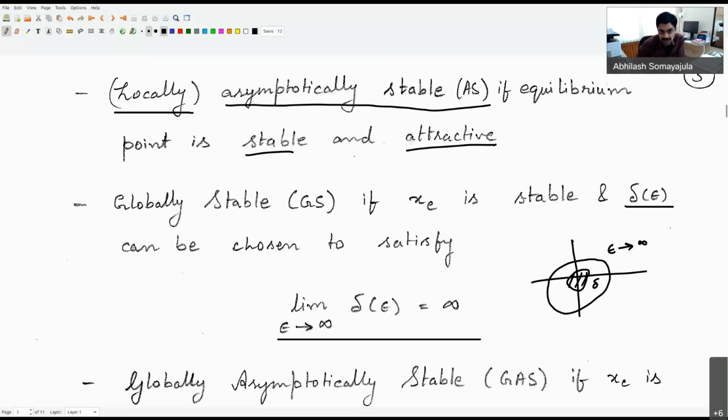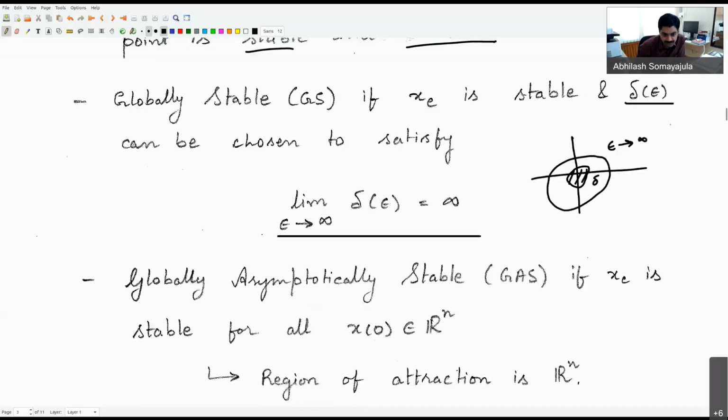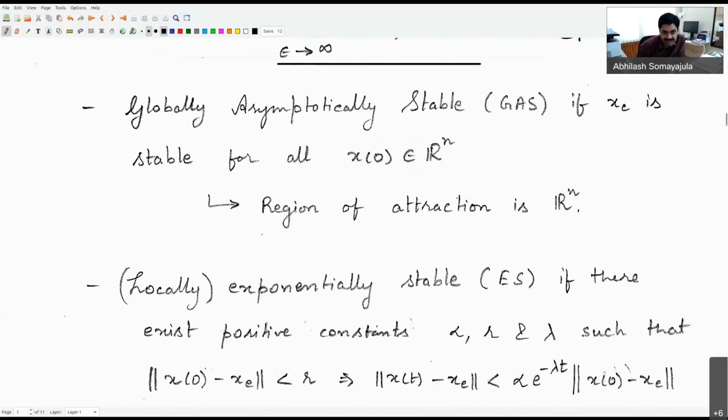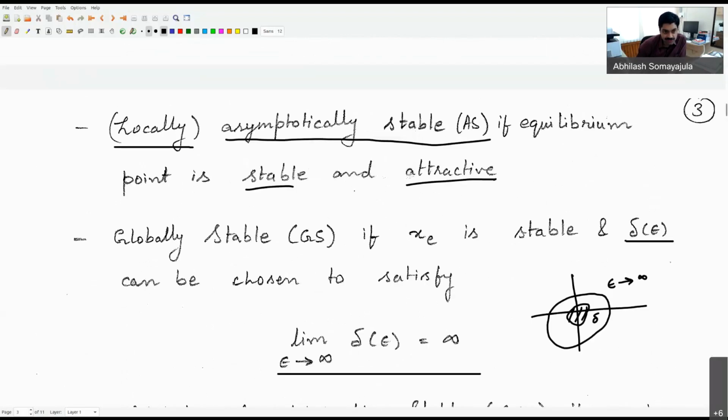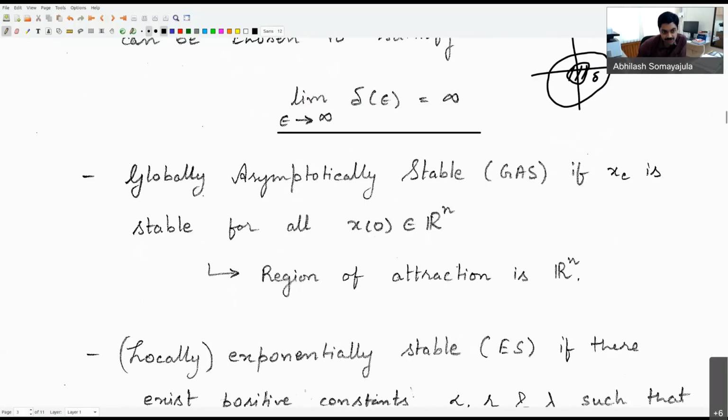Are you following me? Okay. All right. Then we come up with the idea of globally asymptotically stable. Remember that previously we talked about the idea of locally asymptotically stable. Now we will discuss globally asymptotically stable.